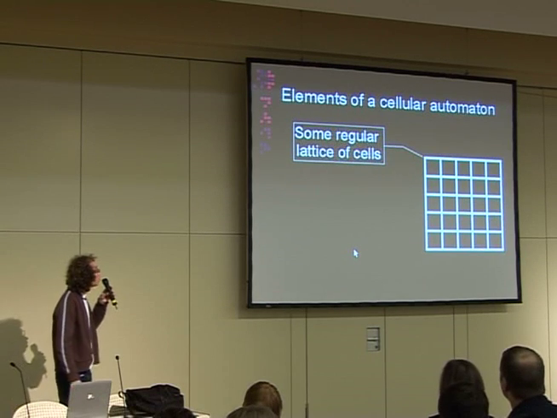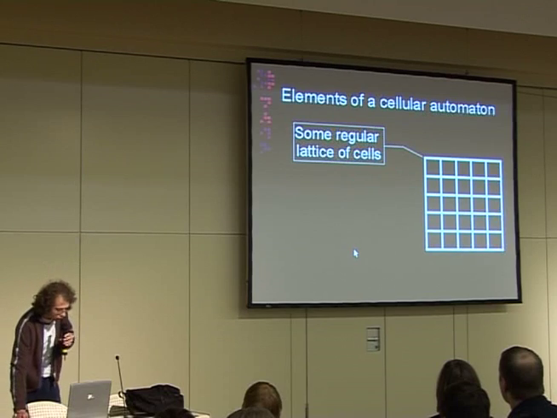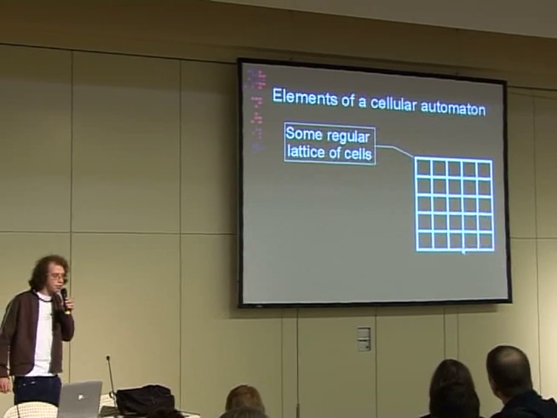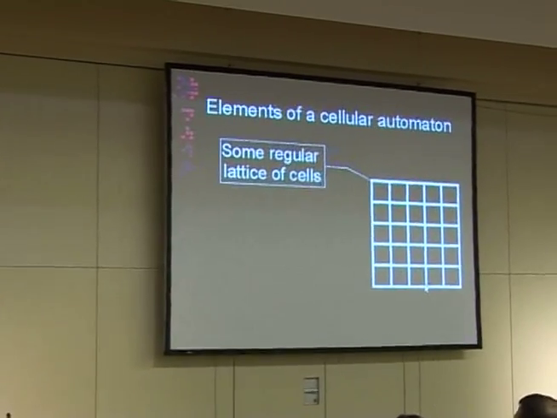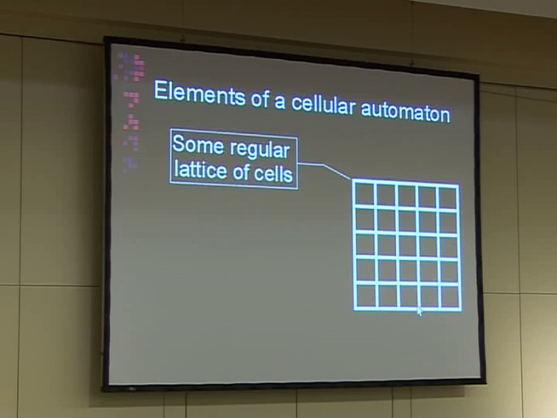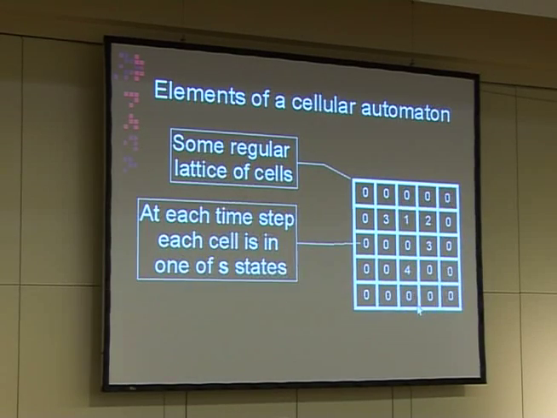So, the elements of a cellular automaton. Some regular lattice of cells. It could be a different lattice, but it has to be regular. And at each of these discrete time steps, each cell is in one of S different states.